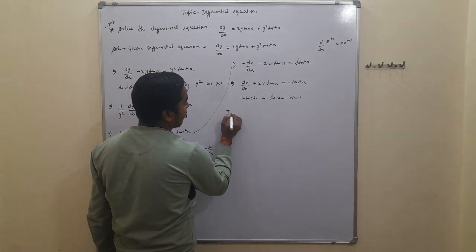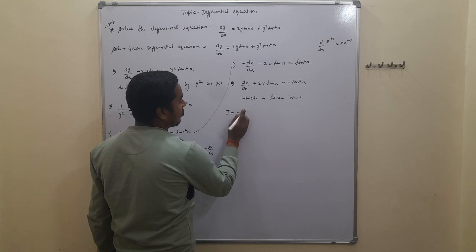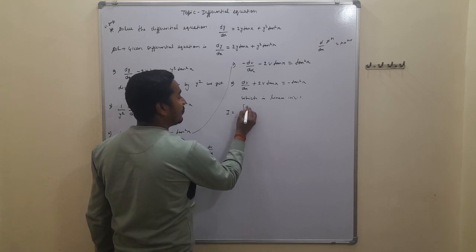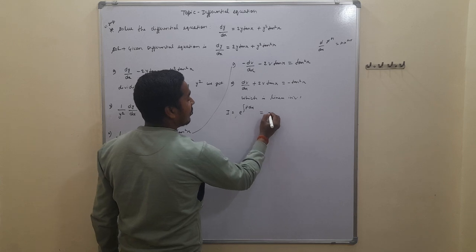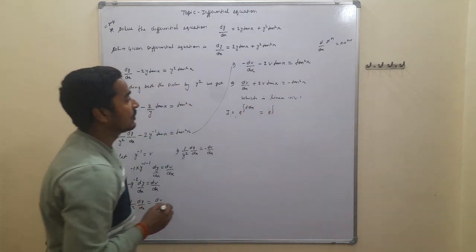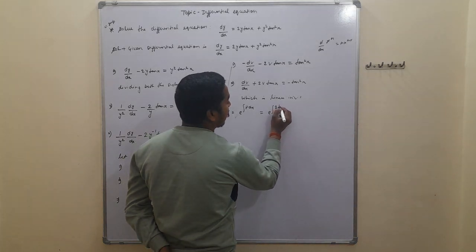Now we find the integrating factor. The integrating factor is e^(∫p dx), where p is 2 tan x.